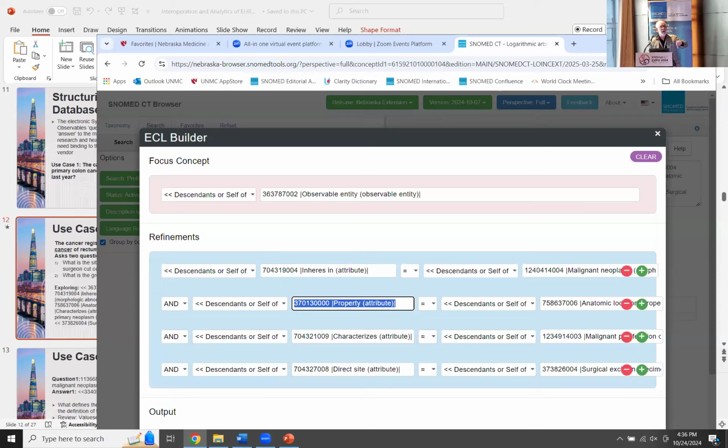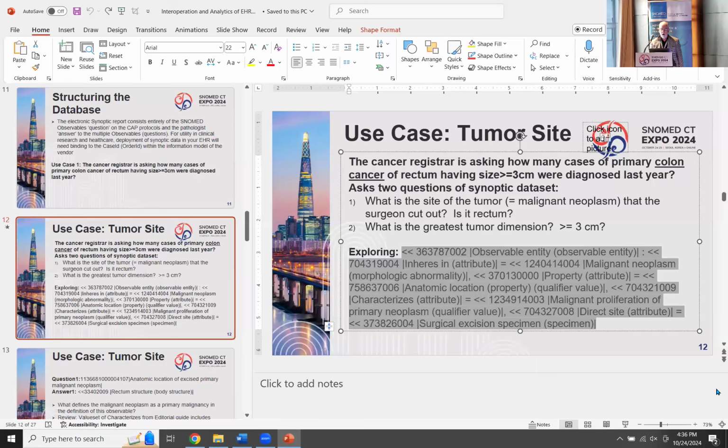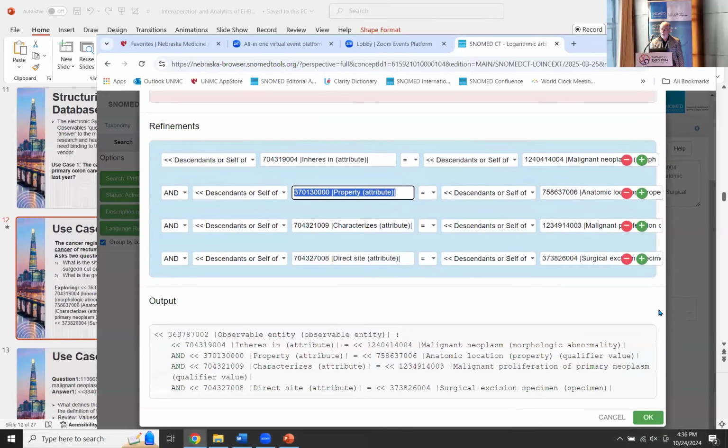Basically, I did an examination of this tissue, and the tissue came from X, Y, or Z, okay? And in this particular case, we're looking for those where the anatomic location was the rectum, all right? So back to the construction of our, I'm sorry, I need to execute that.